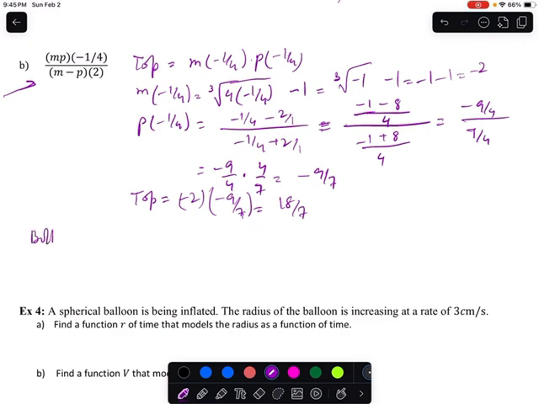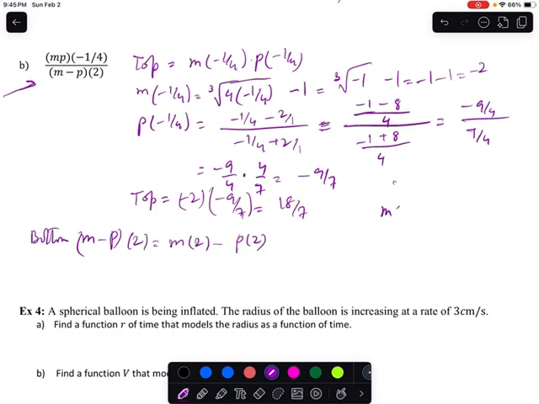So the bottom is M minus P of 2. What does that mean? It means M of 2 minus P of 2. We already found M of 2 in the previous quantity that we calculated, but we can do it again.